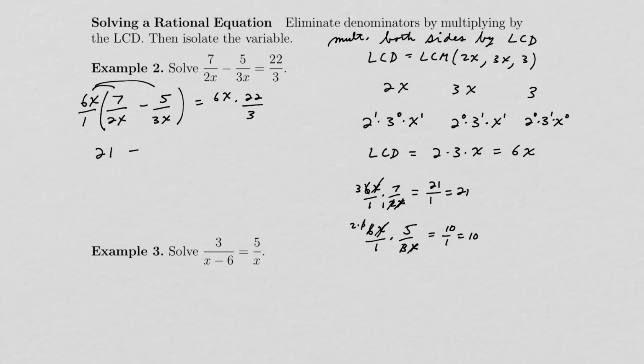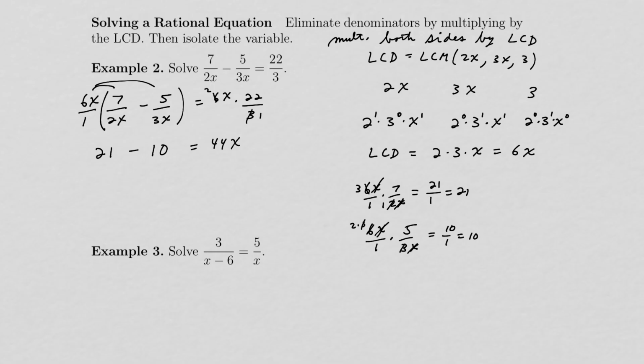Okay, and I already have the negative there, right? So minus 10. And then on the right-hand side, the 3 will cancel with a 3 from the 6 here, right? So I'm left with a 2. And I still have the 22, so I have 2 times x times 22, which is 44x, right, over 1, which is 44x.